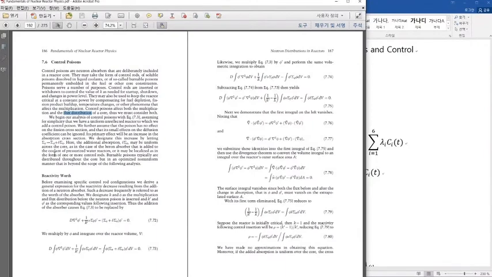So to analyze this, we are going to insert control rods into the reactor, which will basically increase the absorption cross-section.